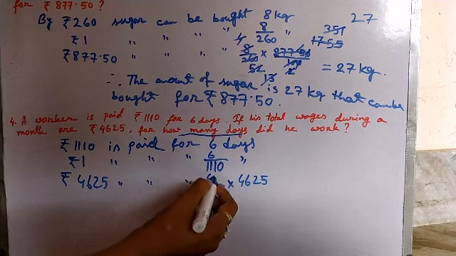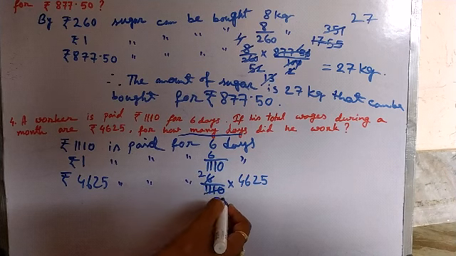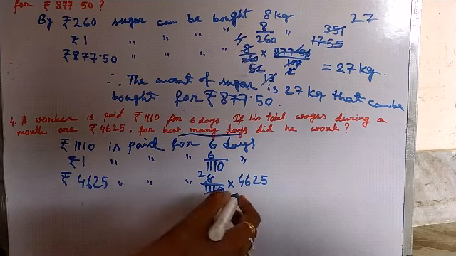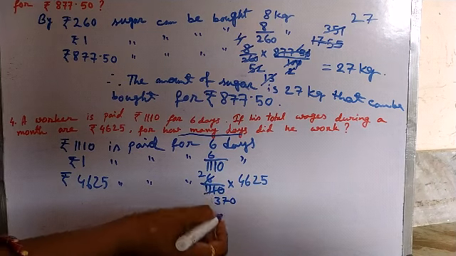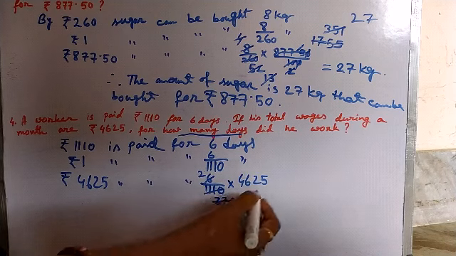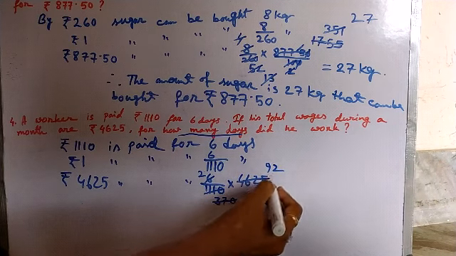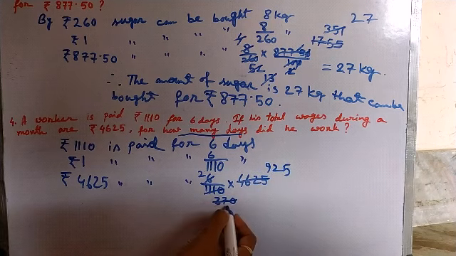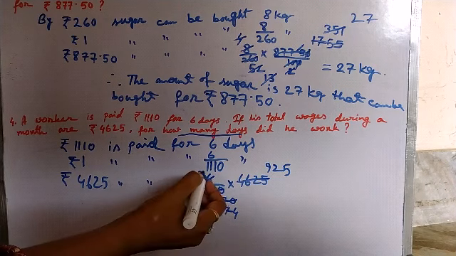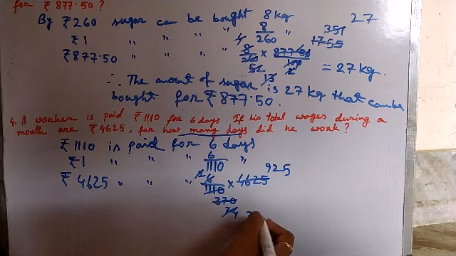by 3. 3 2s are 6, 3 3s are 9, then 3 7s are 21, then 0 will be. This can be cut by 2 or 5, 5 9s are 45, 5 2s are 10, 5 5s are 25, 5 7s are 35 and 5 4s are 20. So it can be cut by 2, 2 3s are 6, 2 7s are 14.